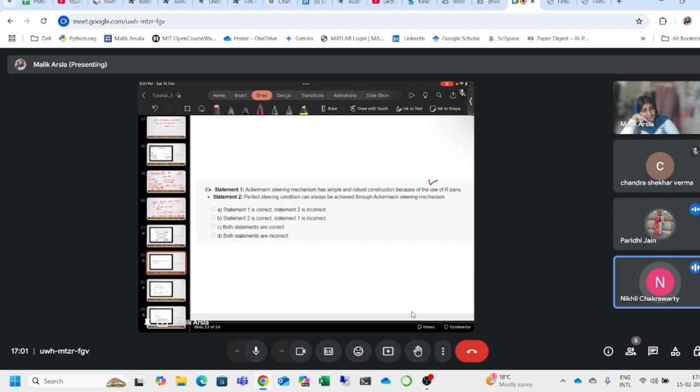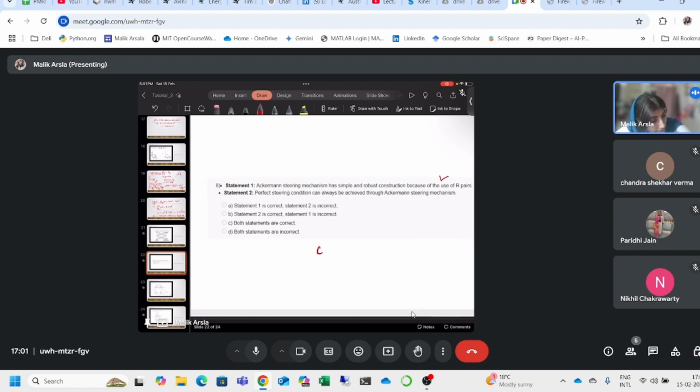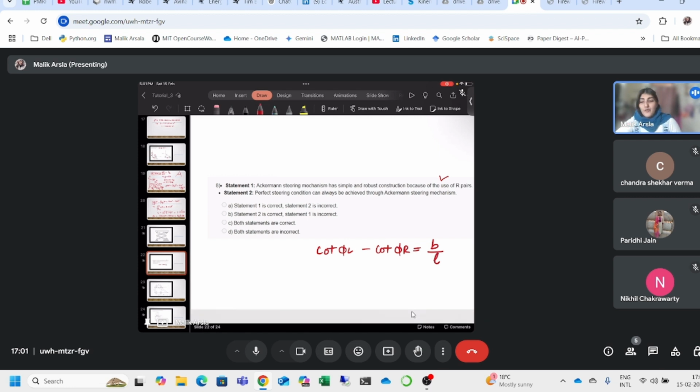There will be no friction. Sorry. Yeah, no slip condition is the perfect steering condition, but if we write it down mathematically, cot of phi L minus cot of phi R is equal to B by L. This is the condition for perfect steering.